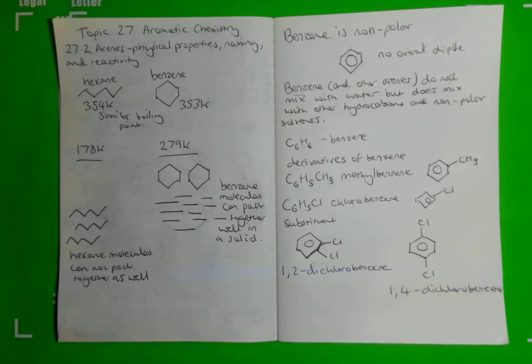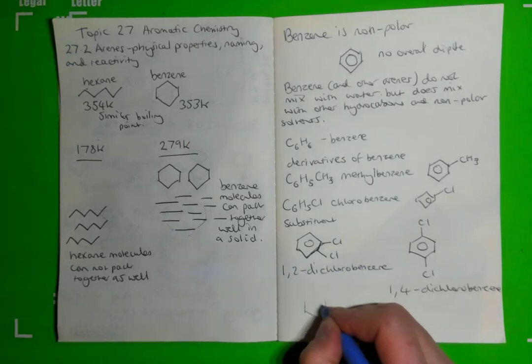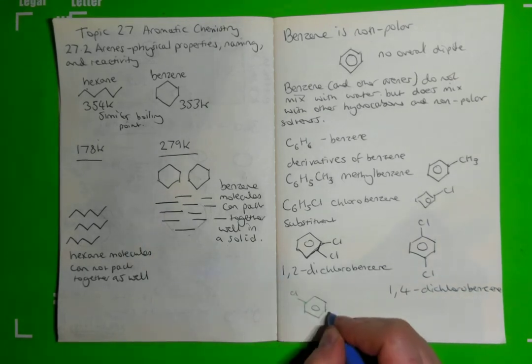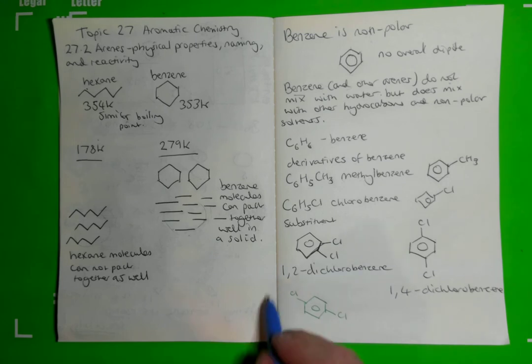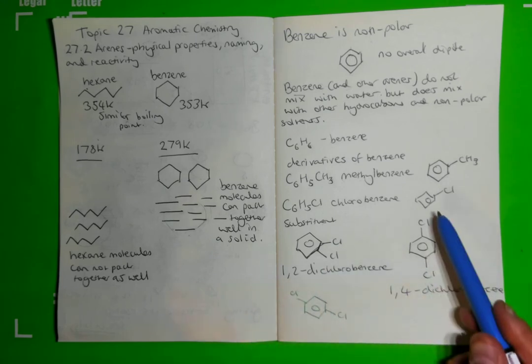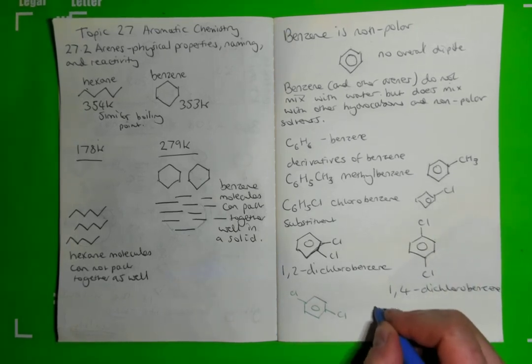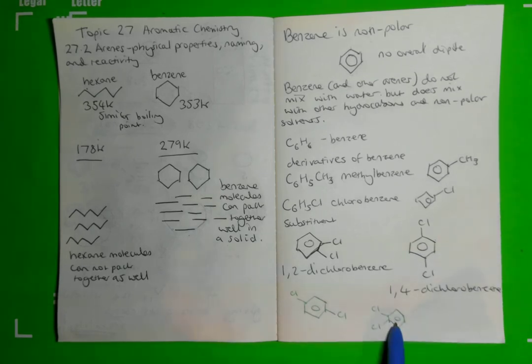Some people do this sort of thing by mistake sometimes. You might draw another structure like this, put a chlorine there, and then another one there. I might try and call that something different, but again, that is just 1,4-dichlorobenzene. Or I might do this. I think this is a different structure, but of course, this is 1,2-dichlorobenzene, not anything like 5,6-dichlorobenzene. So we don't want to see that.